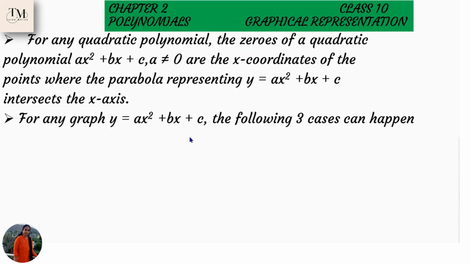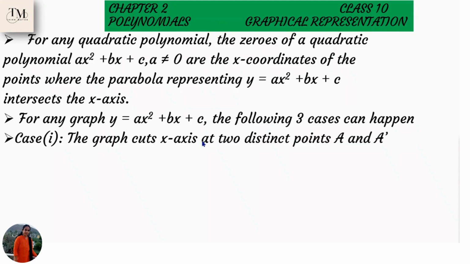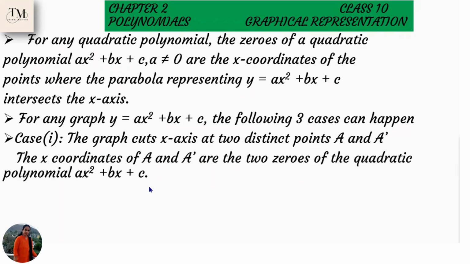So for any graph, we will get the following three cases. The first case is the graph cuts the x-axis at two distinct points A and A dash. So I'm drawing the graph. This is the y-axis and this is the x-axis.